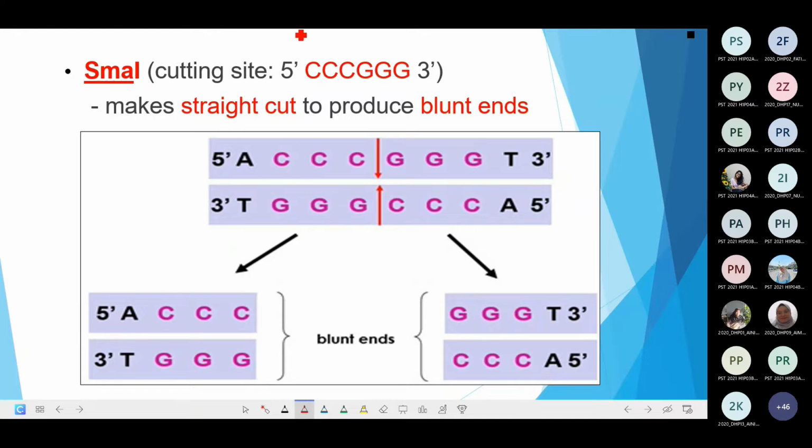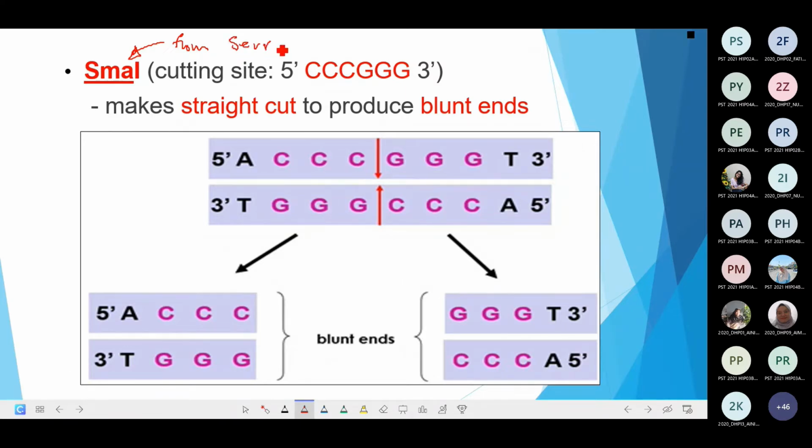The SmaI is another type of restriction enzyme that can be obtained from another type of bacteria. Okay, the bacteria, I cannot really remember the name. I think it will be Serratia.